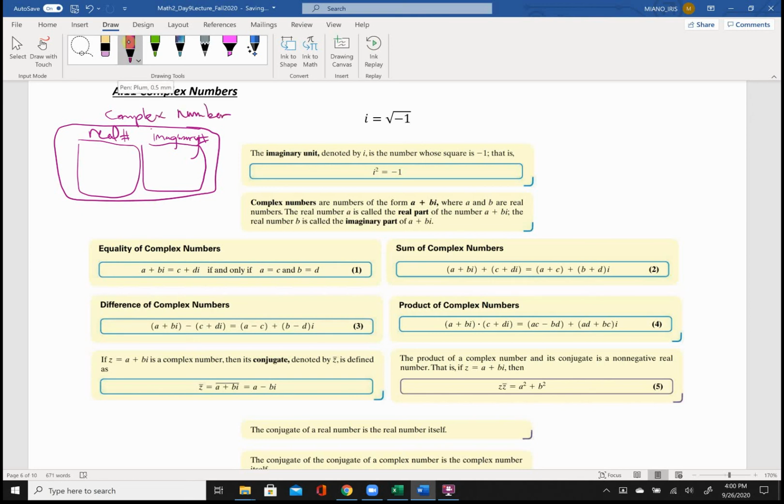The imaginary numbers are still of the form a plus bi, it's just that their a part is 0. And the real numbers are of the form a plus bi, but their b part is 0. So the bi's live in here, your a's live in here, and then the complex numbers are everything, a plus bi.